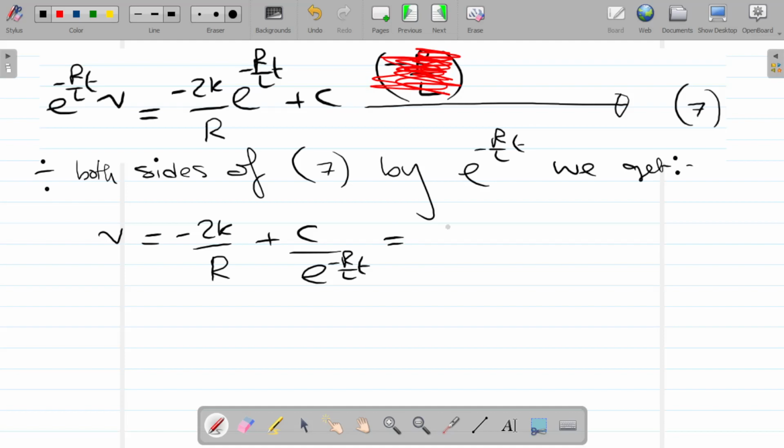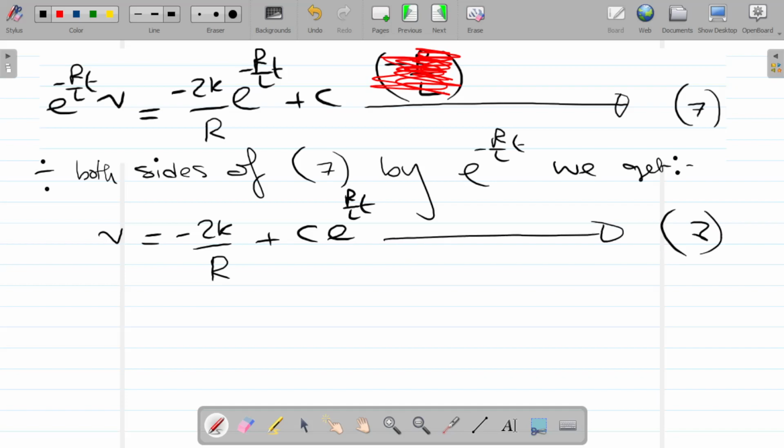But that's just the same as writing C e to the R over L t. Now, we're almost finished. That's equation 8.